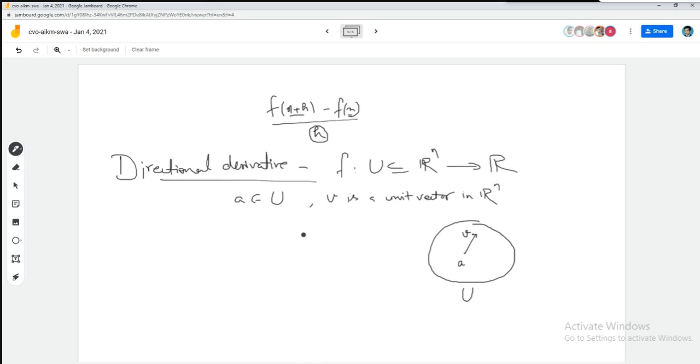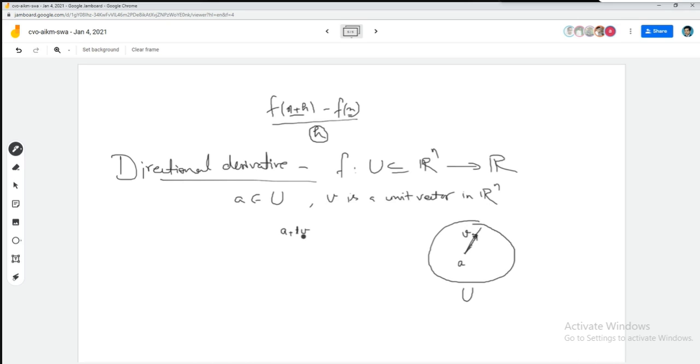Now, what is your A plus tv? Basically, you want to parameterize this line starting from the point A in the direction of v. So what is the parameterization? It's A plus tv. A plus tv is the parameterization of this line segment joining A along v.